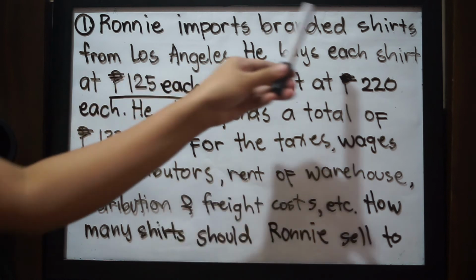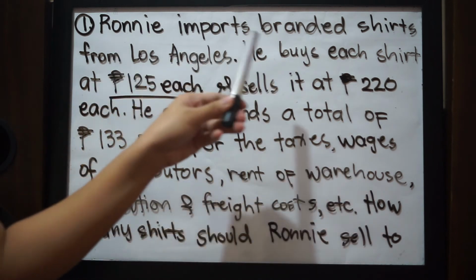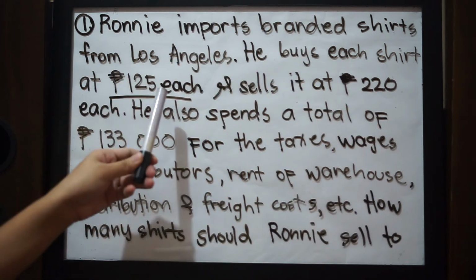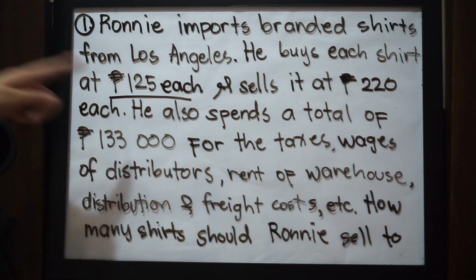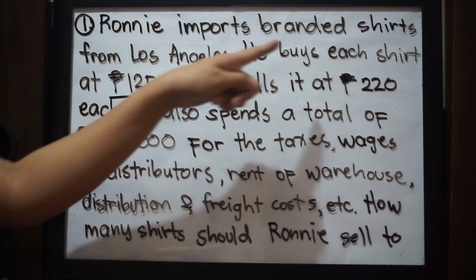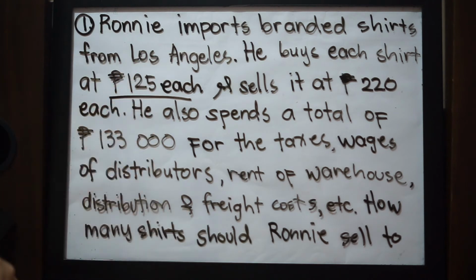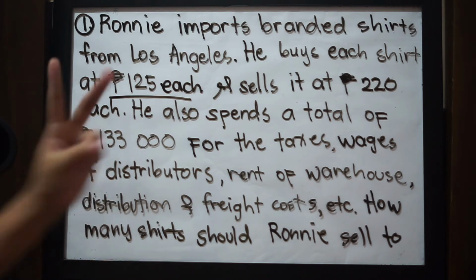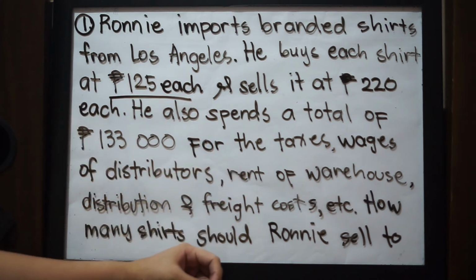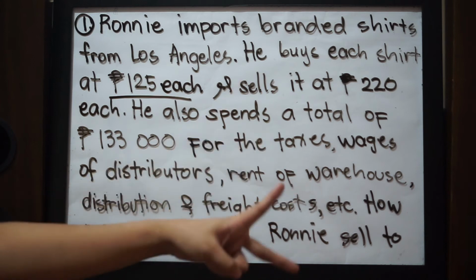Ronnie imports branded shirts from Los Angeles. He buys each shirt at 125 pesos each. So, ginastusan ni Ronnie yung shirt na binili niya ng 125 pesos. Dahil cost yun, kung babalikan nyo yung formula natin, dalawa yung cost natin. It's either a variable cost or a fixed cost.